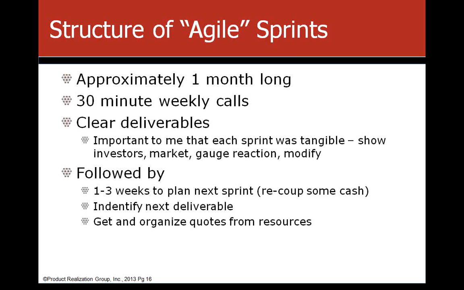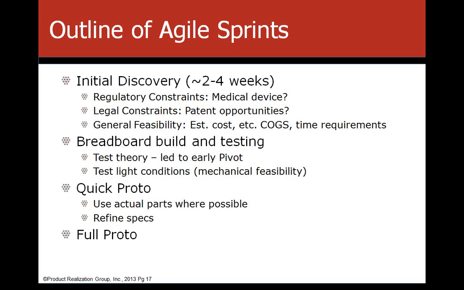We took that same approach to the hardware space and organized the efforts by approximately 1 month long sprints, having weekly calls to check in, having clear deliverables of what we hoped to accomplish and where we were at toward those deliverables, and then planning for the next stage of work.